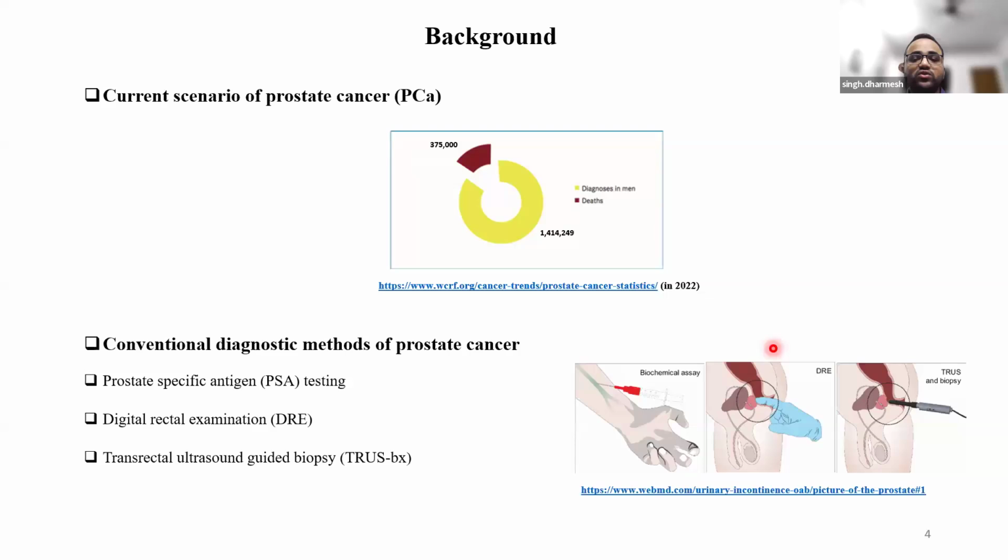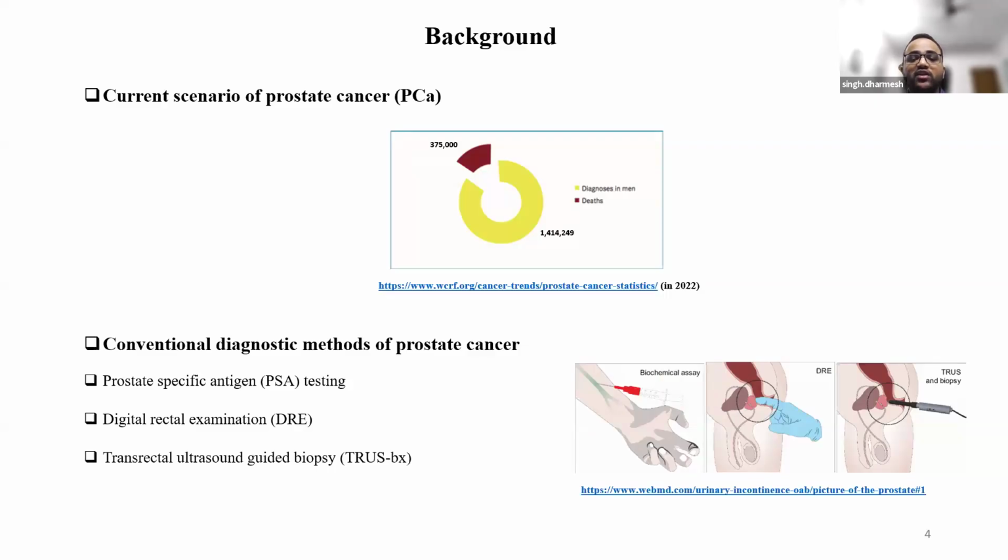In that year, approximately 1.47 million new cases were found. Looking at the trend over the past 2 decades, age-standardized incidence rates have increased in many countries, while age-standardized mortality rates have mostly decreased or stabilized, which reflects earlier detection and better treatment.